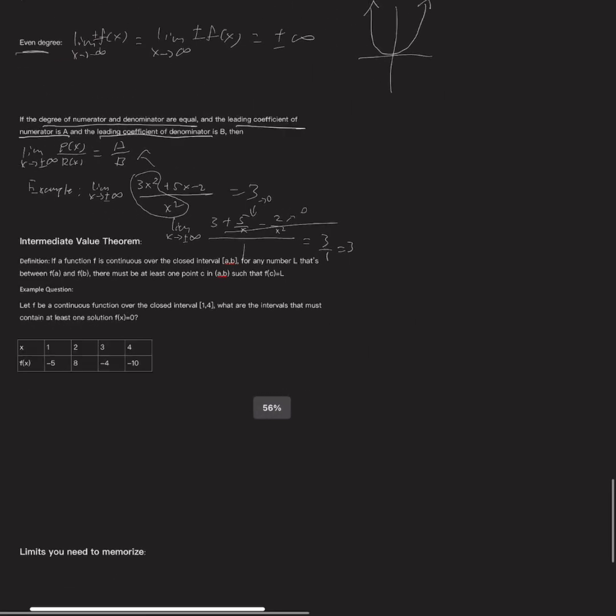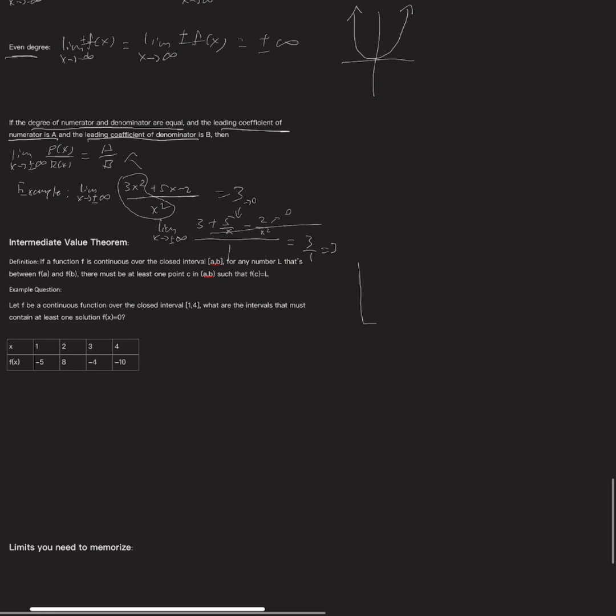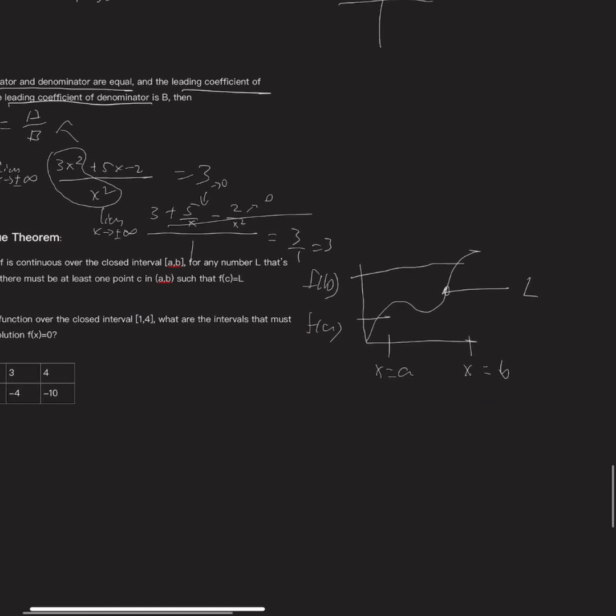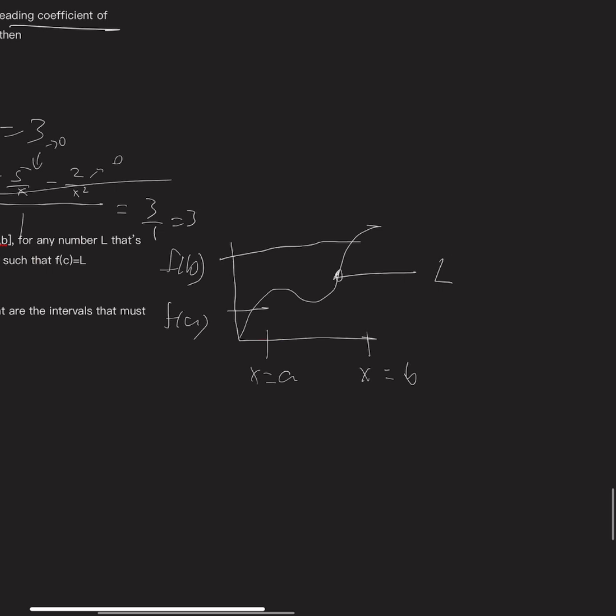So what does it mean? Let's say we have a graph here. This is a continuous function. Let's say that's x equal to a and that's x equal to b. That's f of a and that's f of b. For some number L, let's say this is L, that is between f of a and f of b.